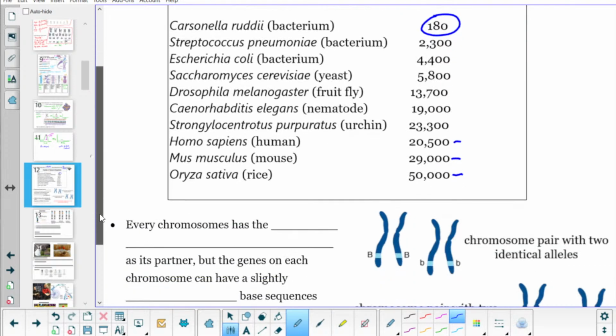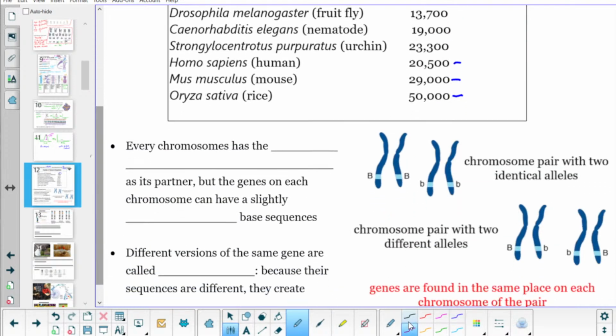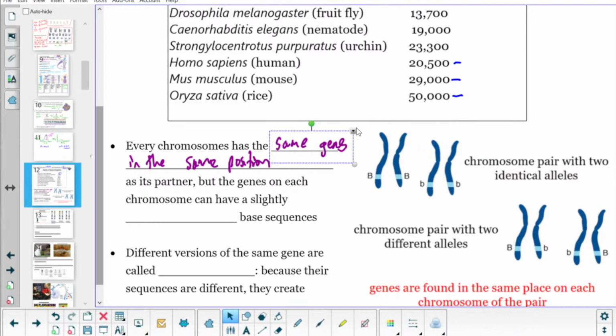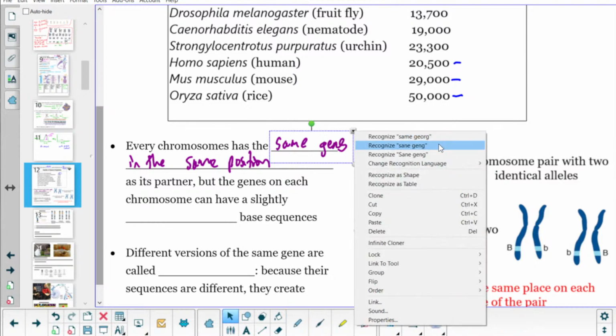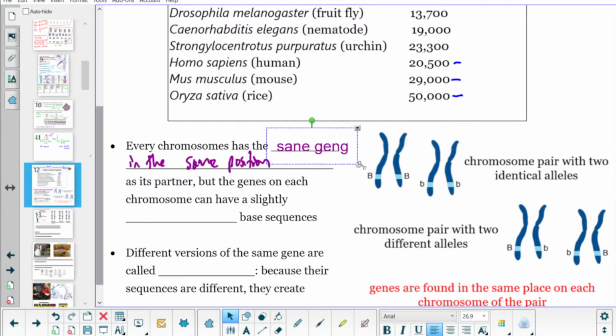Now, every chromosome has the same genes. It's the same gang.